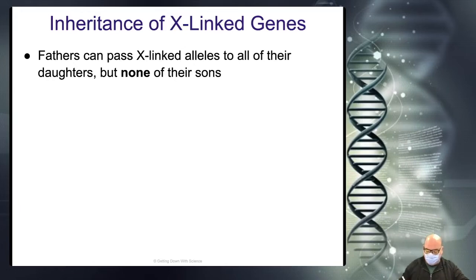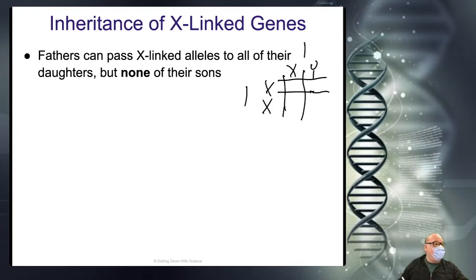Let's do this real quick. If you're XY and you're female, which one of those came from your dad? Only the X. It's not like you get both of your mom's. You get one from your mom. Here's mom. You're going to get one of these over here on the side, and you're going to get one of these.